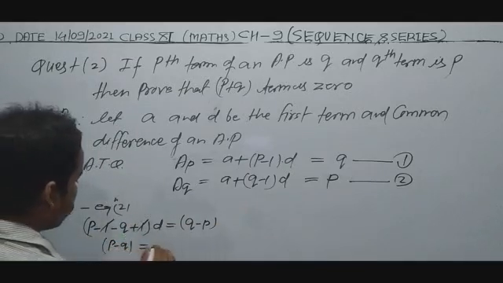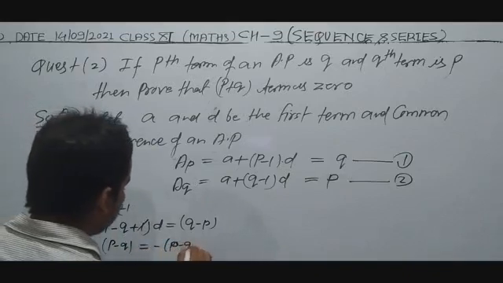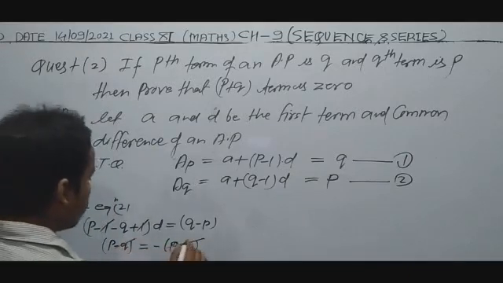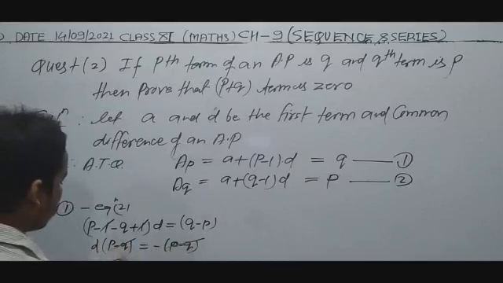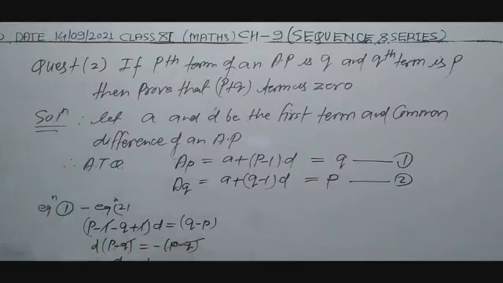So P minus Q is equal to minus times P minus Q. This is cancelled. This is D here. So D you will get minus 1.